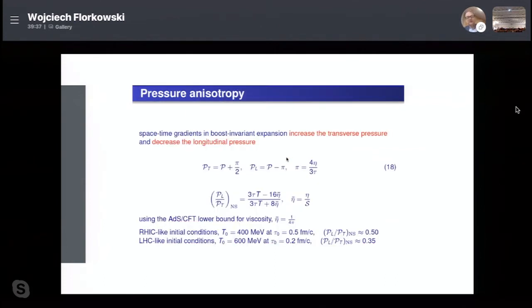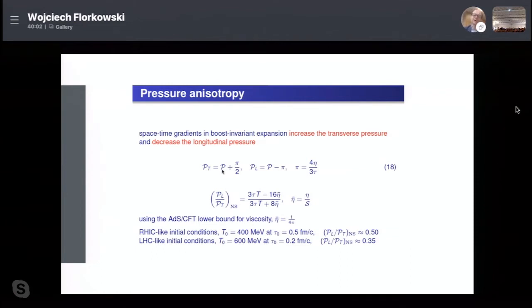For one-dimensional expansion, which is described by perfect fluid models, you can make some estimate how pressure in the longitudinal direction is different from the transverse pressure, because the shear tensor induces a difference between the longitudinal and transverse components of pressure.